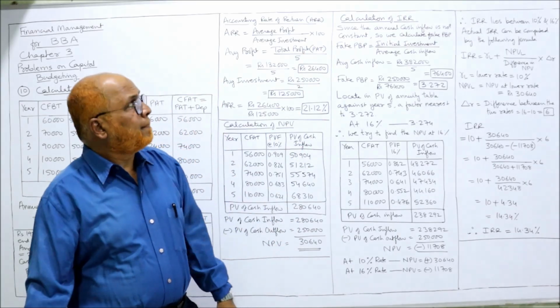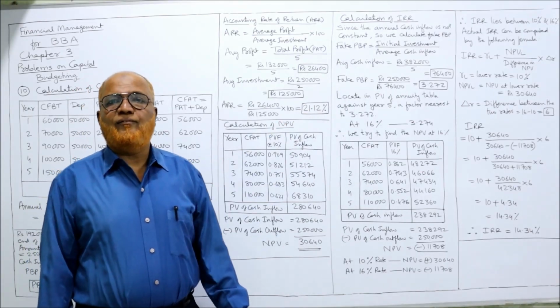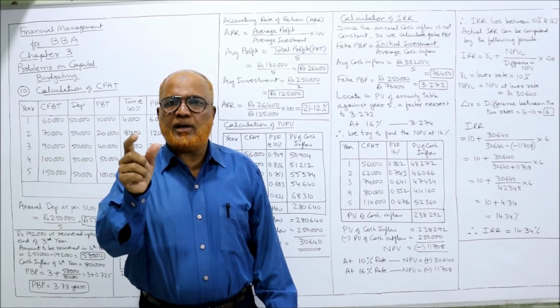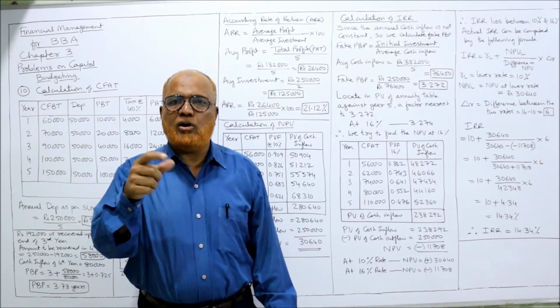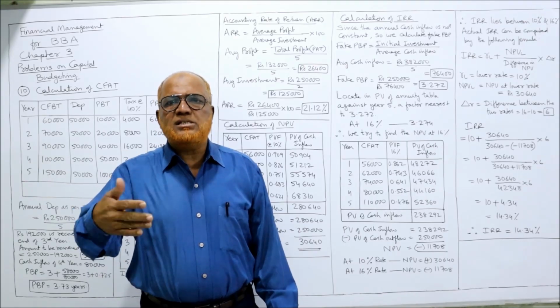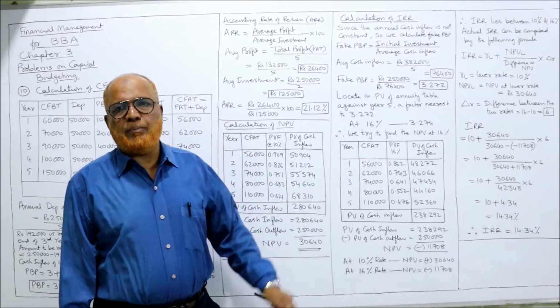Calculation of IRR. Since the annual cash inflows is not constant, so we calculate fake PBP. First of all, you have to see whether annual cash inflows are constant or not constant. Here it is not constant. Every year CFAT is different. So we need fake PBP, imaginary PBP.